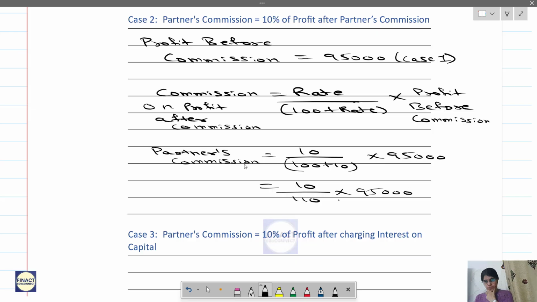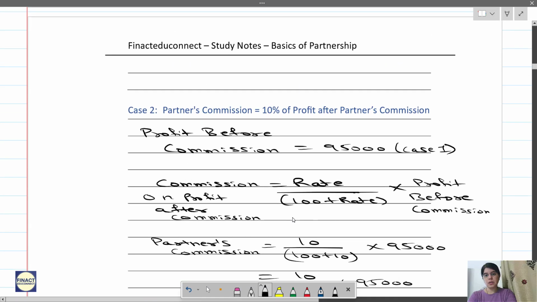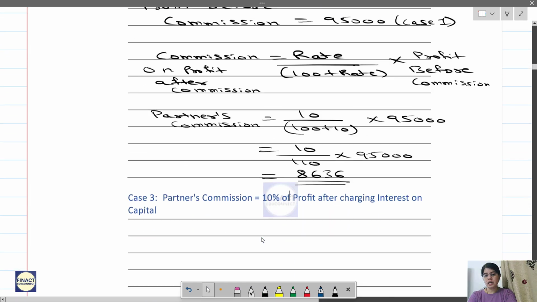So you divide it, so you get the answer as 8636. Now see here, this was simple, so we have learned this last year also. Now there are different scenarios.